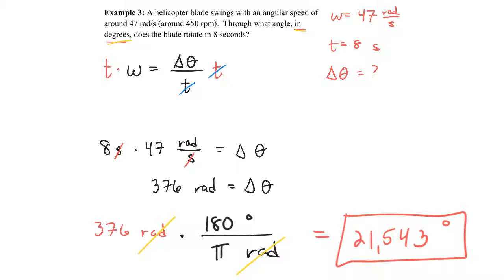That'll give you the amount of revolutions. But because there's 360 degrees in every revolution, multiply that answer by 360. And you should get 21,544 or something. I think it's rounded. 600. Is it rounded? Is that why?